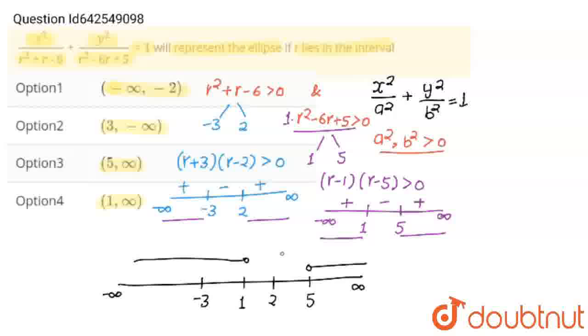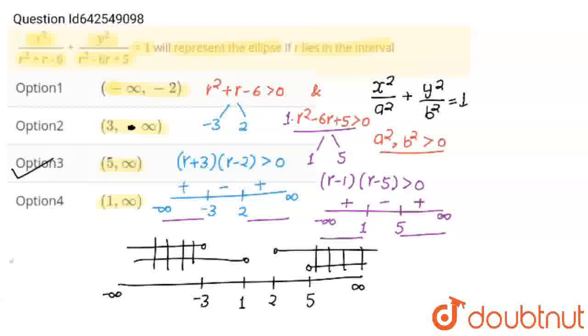Here it is 2 to infinity, and here it is minus infinity to minus 3. The intersection of both is this part. So the answer is minus infinity to minus 3 and 5 to infinity. If you see, option third is correct, and this option is wrong. It would be 3 to infinity.